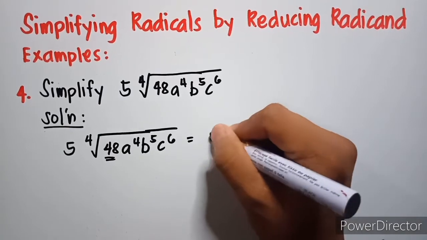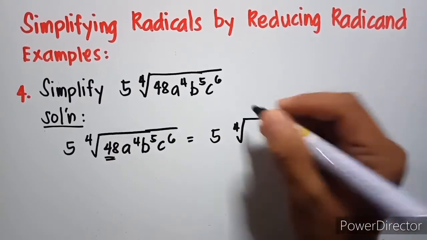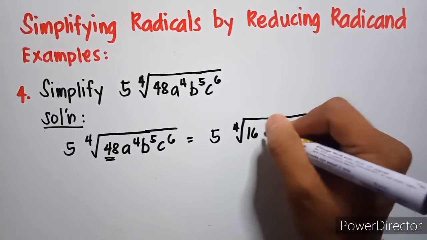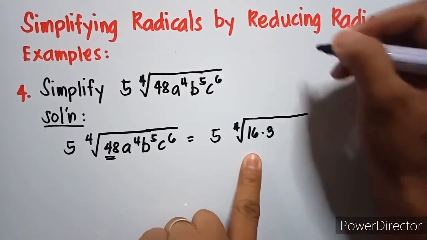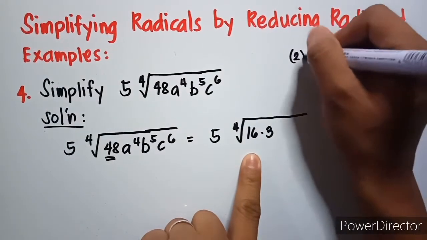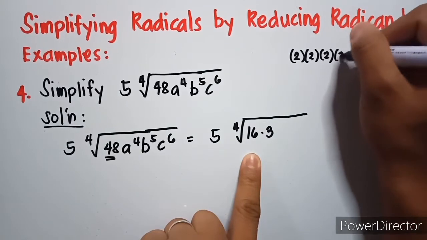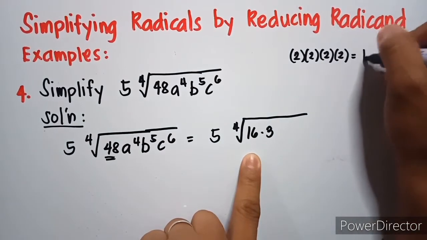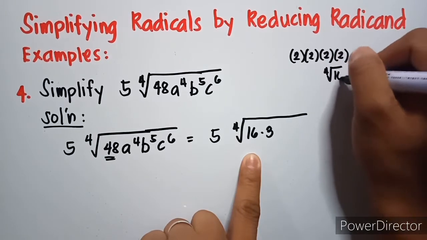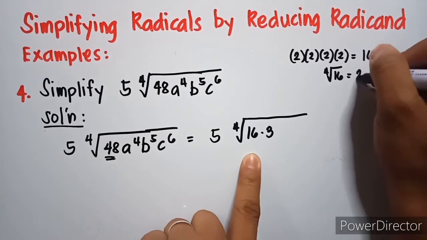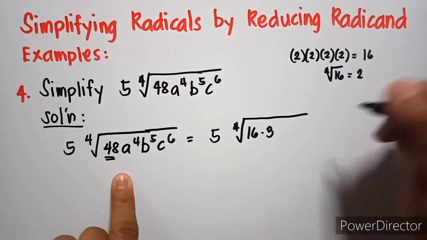So we have 5 fourth root of 16 times 3. Why 16? Because 2 times 2 times 2 times 2 is equal to 16. So the fourth root of 16 equals 2. 16 times 3 is 48.